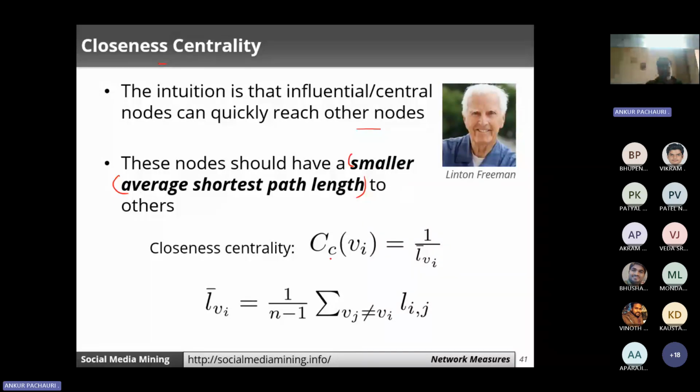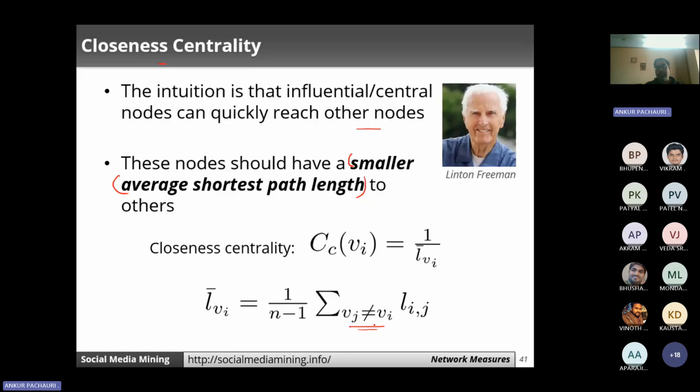So the closeness centrality for the ith node will be 1 by |Vi|. And how can |Vi| be calculated? It is 1 by n minus 1, the sum over all pairs of nodes where Vj is not equal to Vi, meaning the endpoint of that path should not be the same node, so I should not work on a loop.